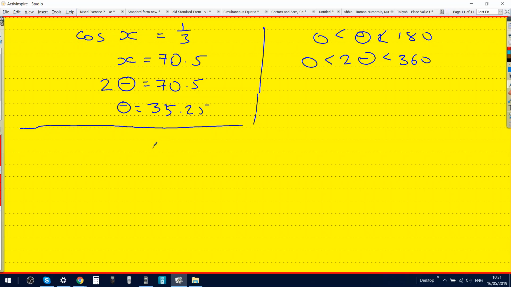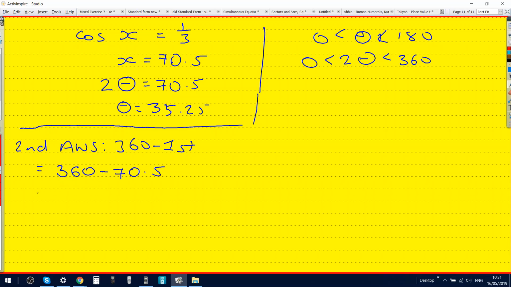Do you do the normal cos, not the inverse? For the second answer, you do 360 minus the first, because the cos graph is symmetrical about 180. Yeah, I do remember now.